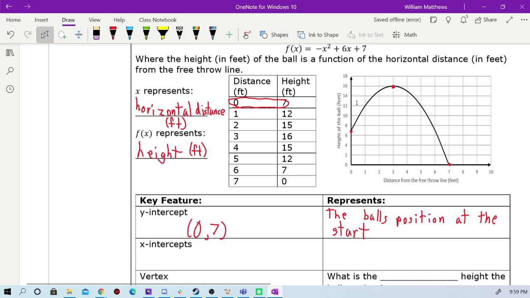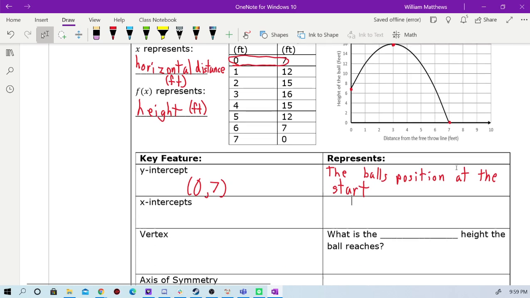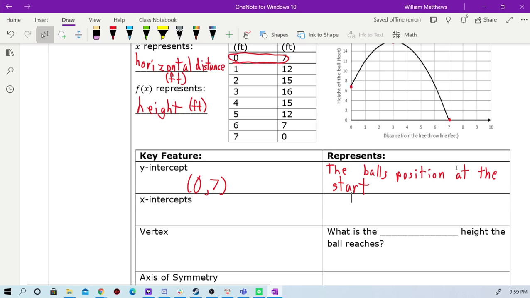Our x-intercept, for the story that was given, we only have one. It is at the end. It is at the location (7, 0). X-intercept being where it crosses the x-axis, which is at 7 feet, the distance from the free throw line. So for our situation, when the ball is 0 feet in height, we're saying the ball is on the ground.